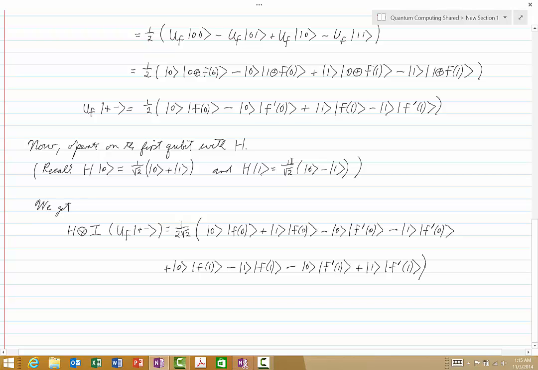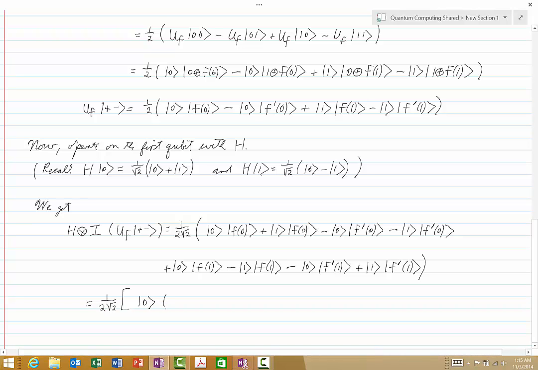So now let's go one more step with this. We'll get 1 over 2 square root of 2, and let's first of all group all the terms having 0 as the first qubit.